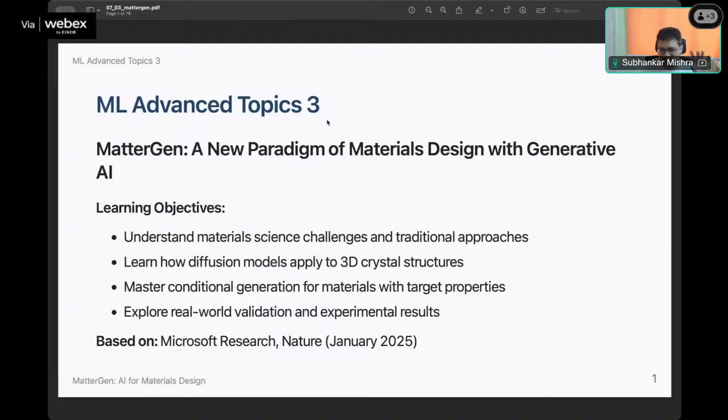Professor Sen talked about how we can generate new materials, synthesize them automatically, and hopefully validate if the generation has been properly done or not. One part is automatic synthesis and then validation, but one major component is how we can generate new materials. Given a set of properties as a prompt, how can we generate new materials?